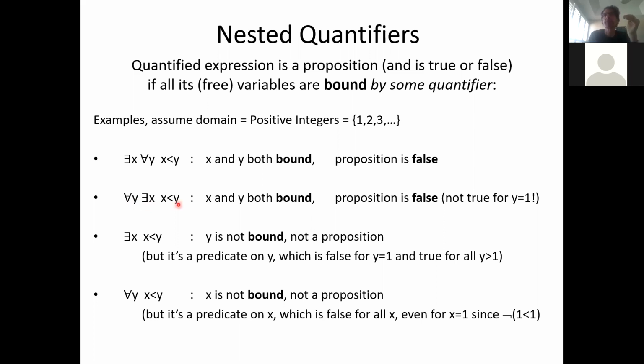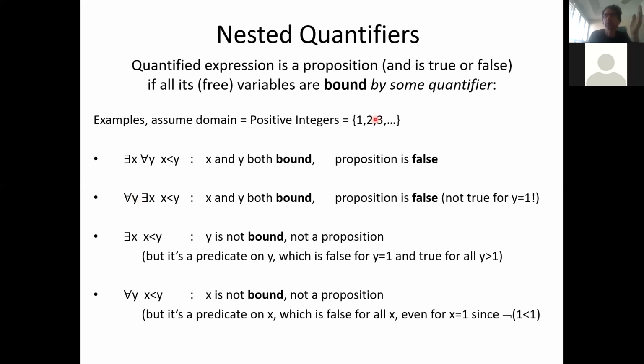Give me an example of this y. There is only one counterexample to this. Only one value of y which makes this part false. This is a predicate on y. The predicate on y says that there is something smaller than y.